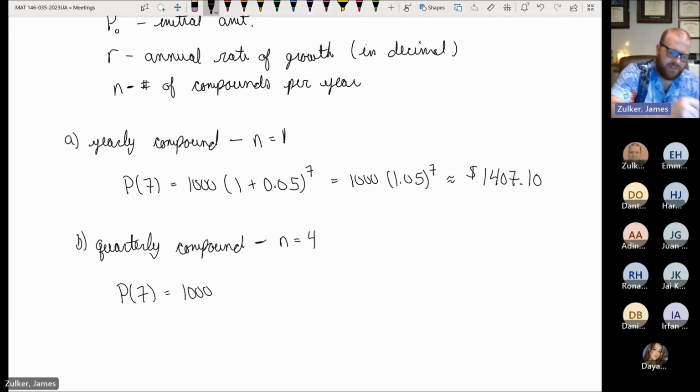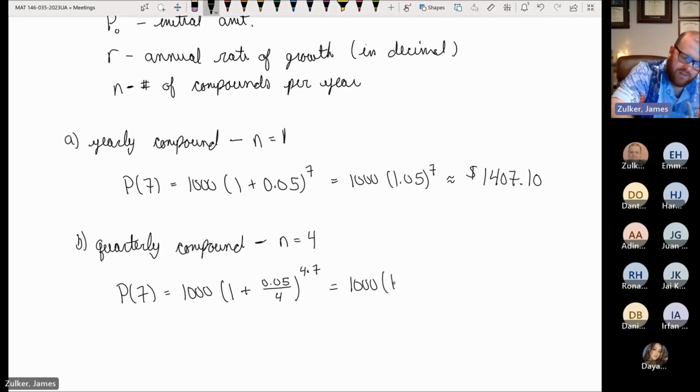P of 7 would be 1,000 times 1 plus 0.05 divided by 4, raised to the 4 times 7. 0.05 divided by 4, I believe that's 0.0125. And then 4 times 7 is 28.